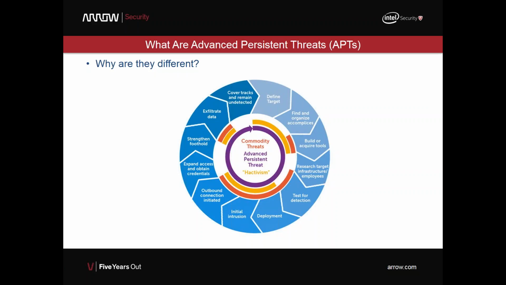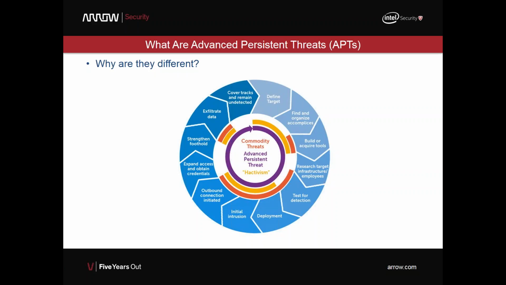And they have a typical pattern. So first of all, they will define their target, and you start to do your research. So who are we actually going to target in terms of an organization, and who are we actually going to target in terms of individuals? And you'd start to then build and acquire your tools once you've decided who you're going to target. Then you test for detection and deploy.